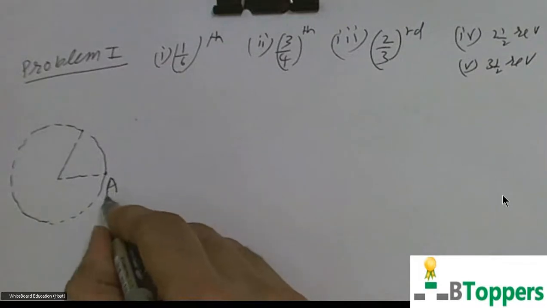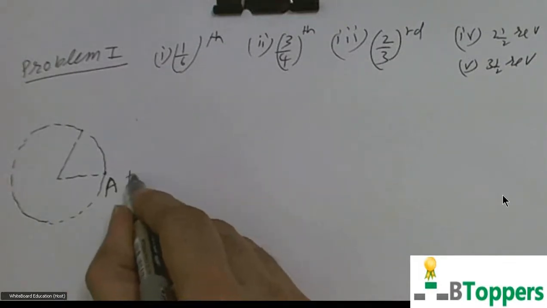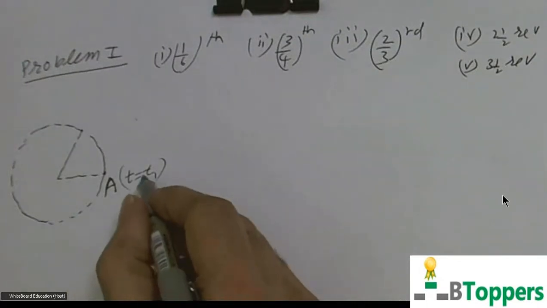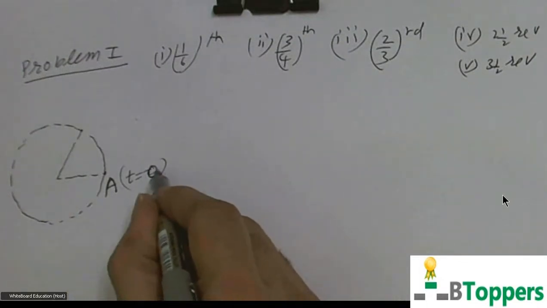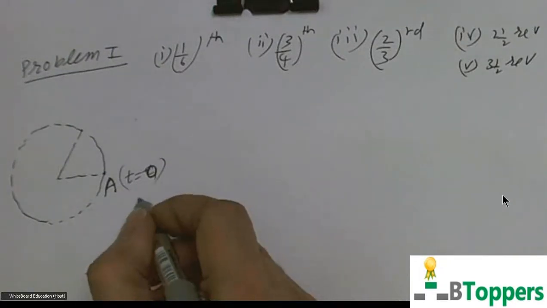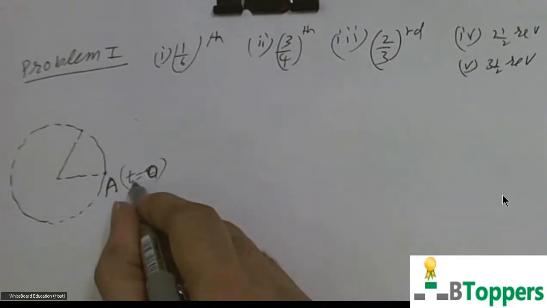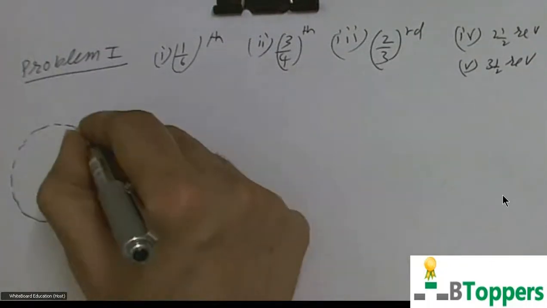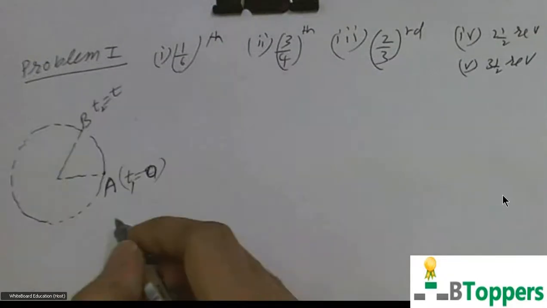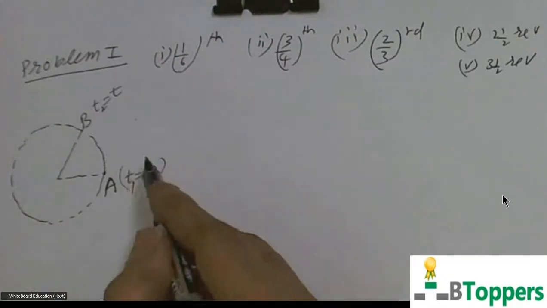Let A be the position of the particle at the instant we started counting time, at t equal to 0 or t1 equal to 0. And B is the position of the particle after time interval t or t2 equal to t.